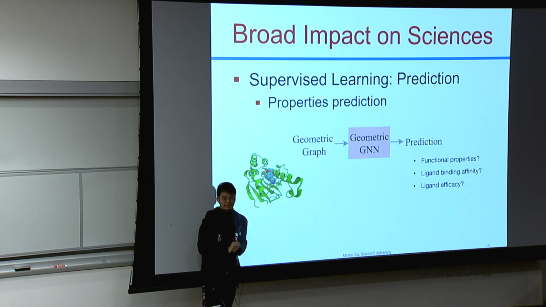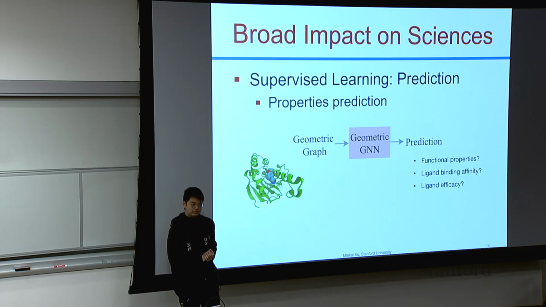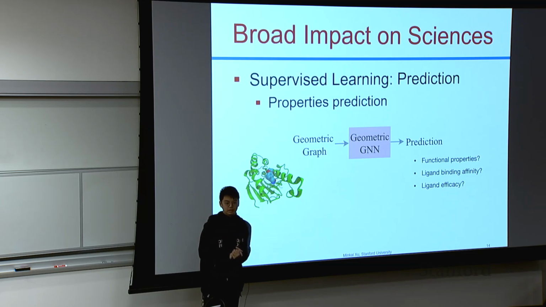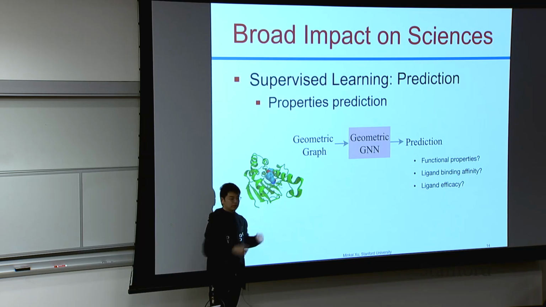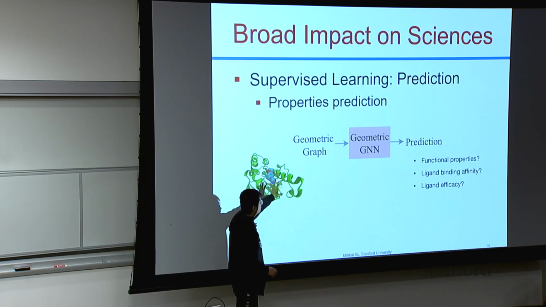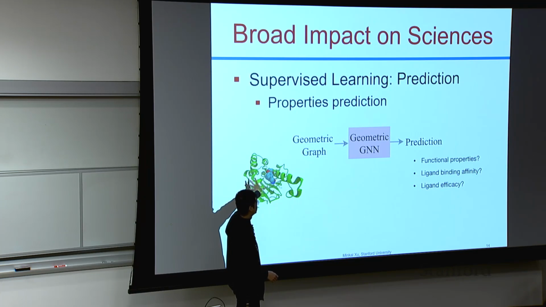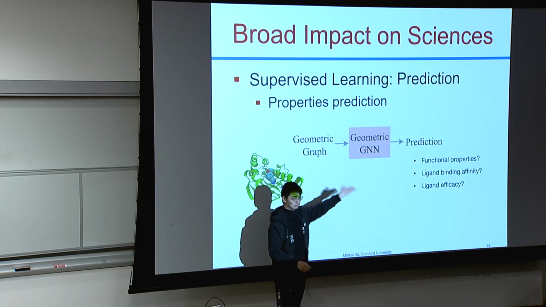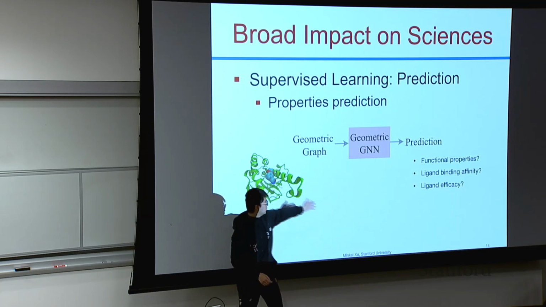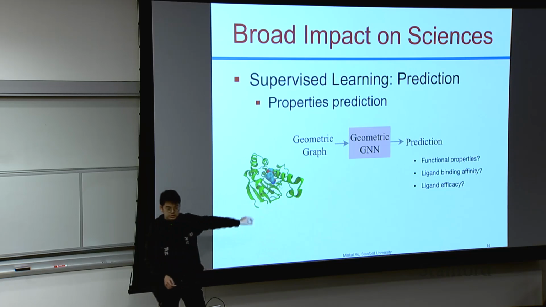Anyway, the true effectiveness is that we hope they can bind together. But anyway, they are all graph-level predictions. When we have a 3D structure, we want to have some prediction of the property of this 3D structure.